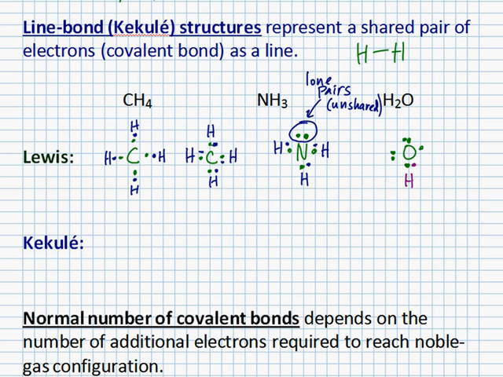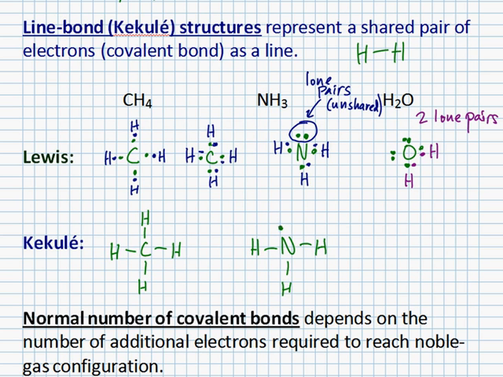That's why oxygen will make 2 bonds, and we'll be left with 2 lone pairs. Drawing Kekulé structures of these, really pretty simple. As long as we start to recognize that carbon's making 4 bonds, I can just draw CH4 as carbon with 4 lines going out to those hydrogens. Okay? Nitrogen, NH3, right?